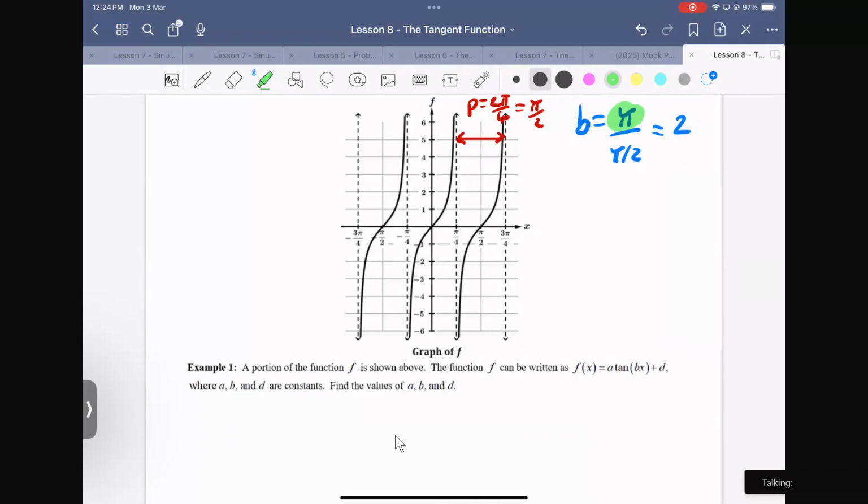Next up, is there a vertical translation? Is there a vertical additive translation? Look for where the curve goes from concave up to concave down, or concave down to concave up. So here the curve is concave down.